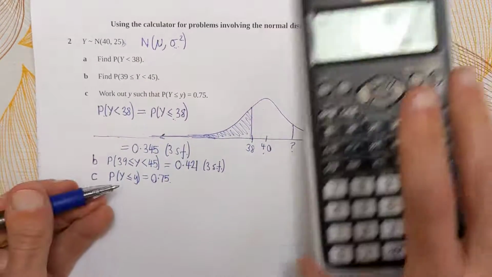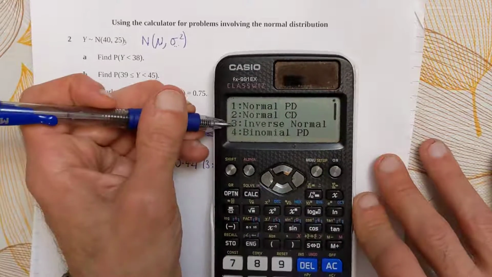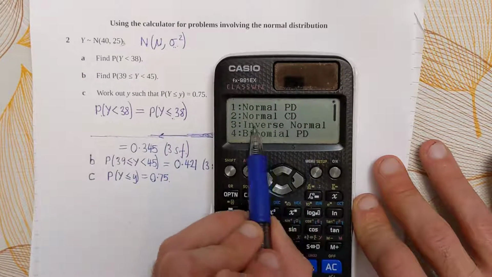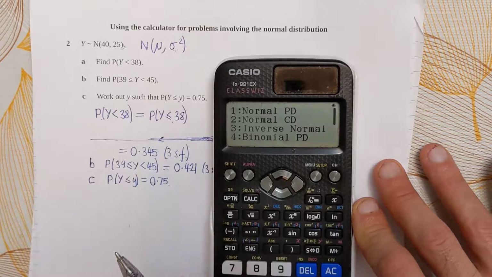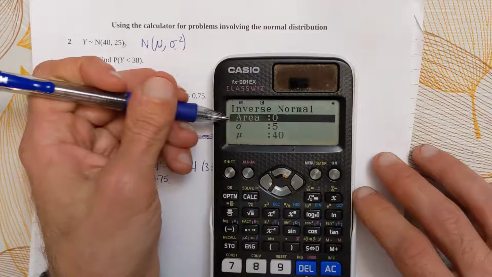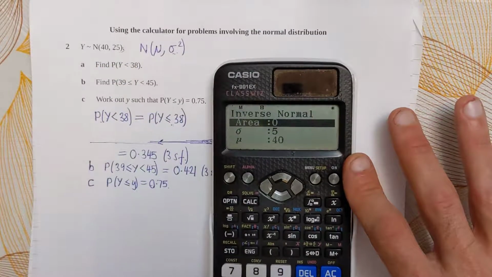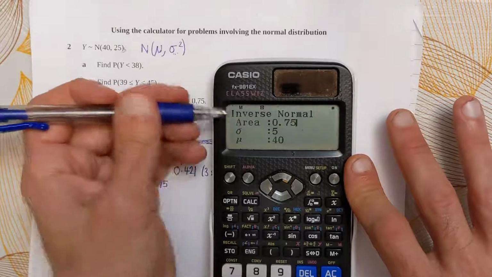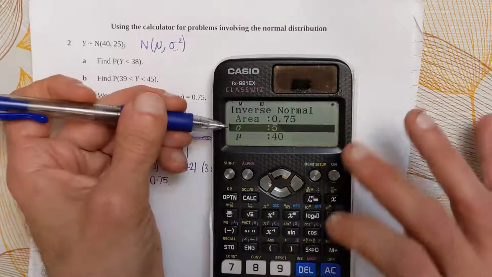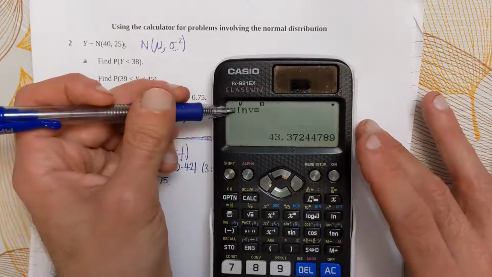So for that, you go to menu 7 and you choose option 3, which is inverse normal distribution. With the inverse normal distribution, you go backwards from the probability, which here is called an area. And you put 0.75 into it. The standard deviation and the mean are unchanged.